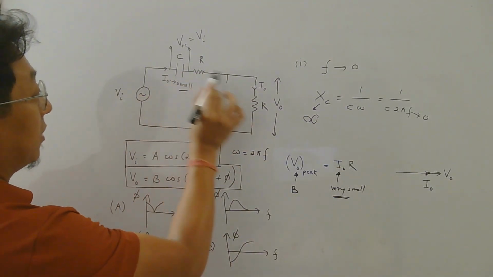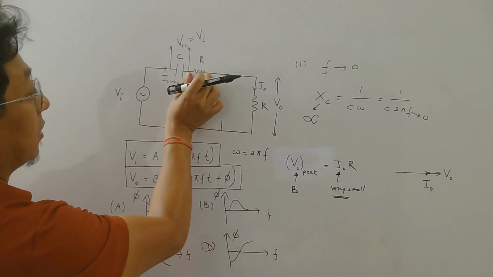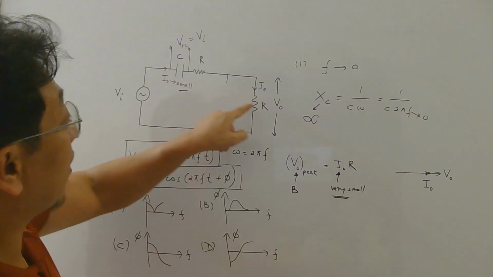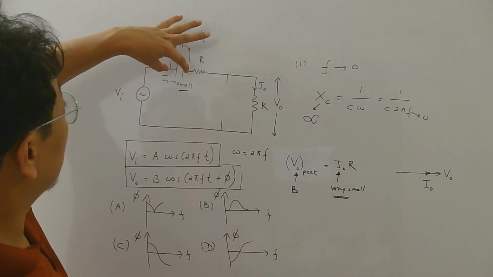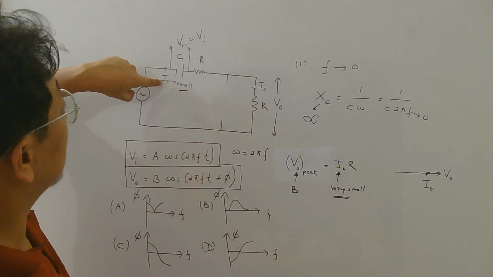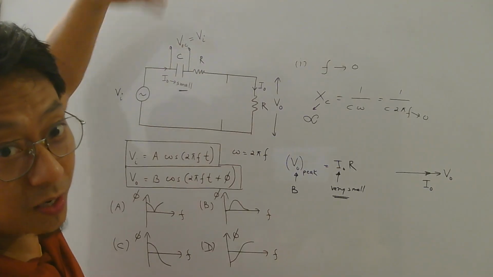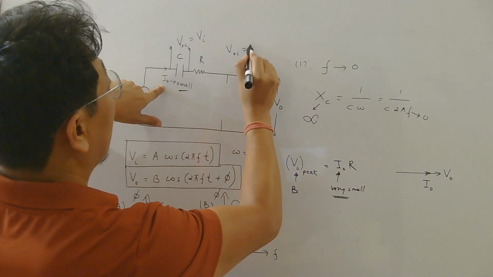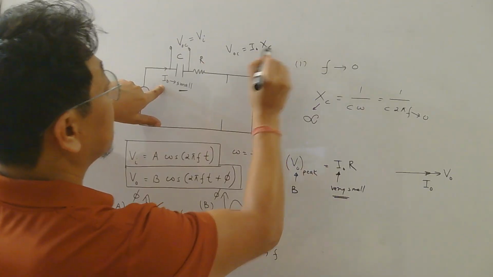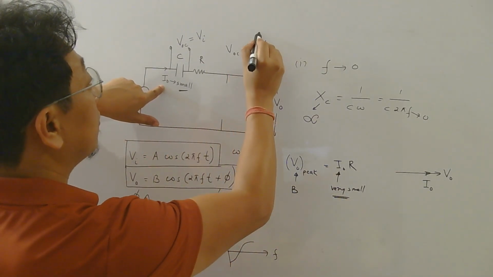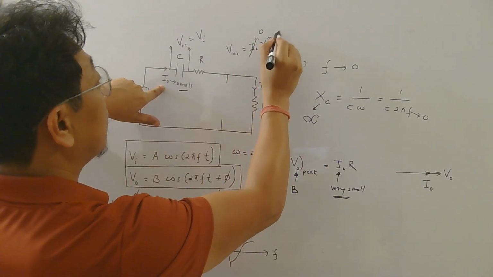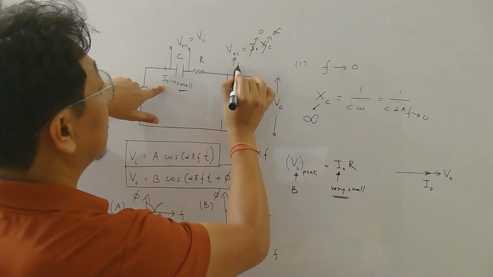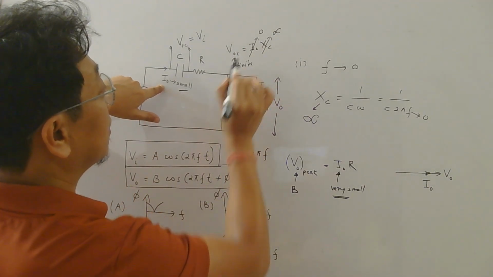So since current here is very small, voltage here and here will be almost zero because R is finite. Now here the current, though it is very small, the reactance of this is very high, and voltage across capacitor is what? I naught into Xc. So though this is very small, this is very large.